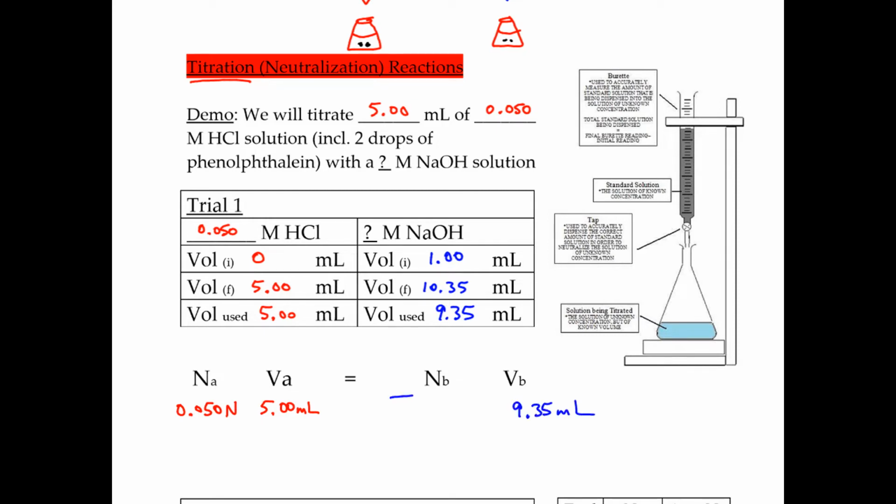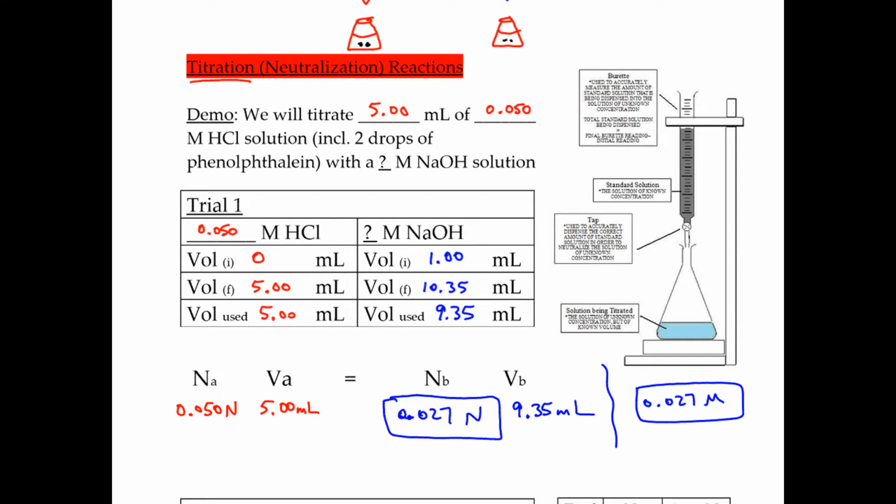And now we need to algebraically solve for the normality of the base, which comes out to be 0.027 normal, which would be the same thing as 0.027 molar. The molarity and the normality are the same for the acid and the base. Okay, so that's the first trial.